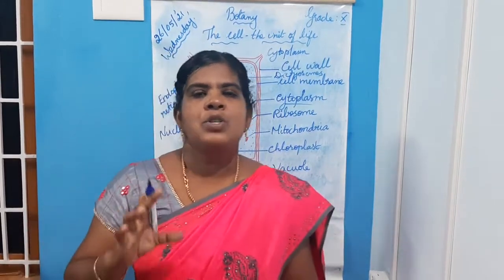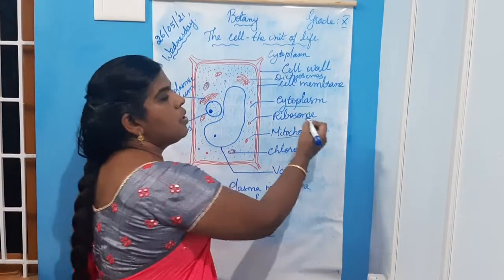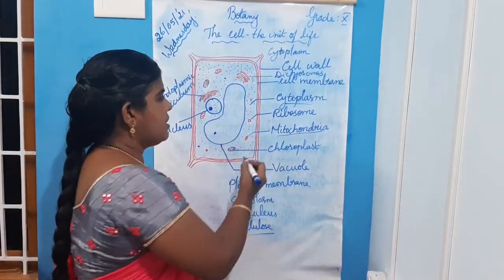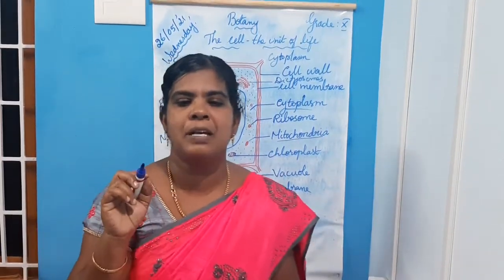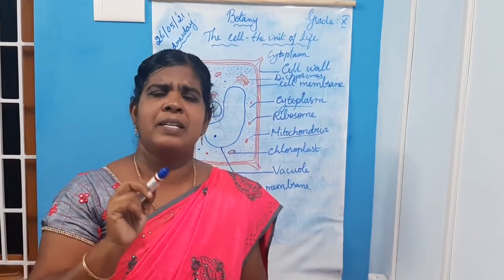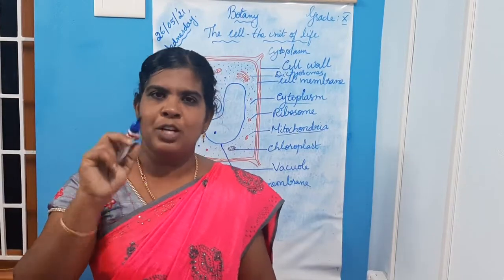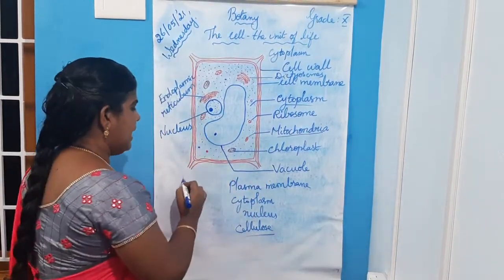Now, next about one of the organelles, mitochondria. These mitochondria are rod-shaped structures present in the cytoplasm. These are the main organelles for cellular respiration. These mitochondria produce a large number of ATP. What is ATP?